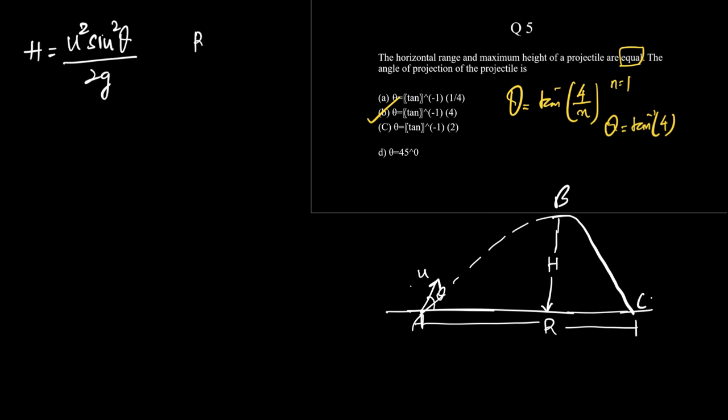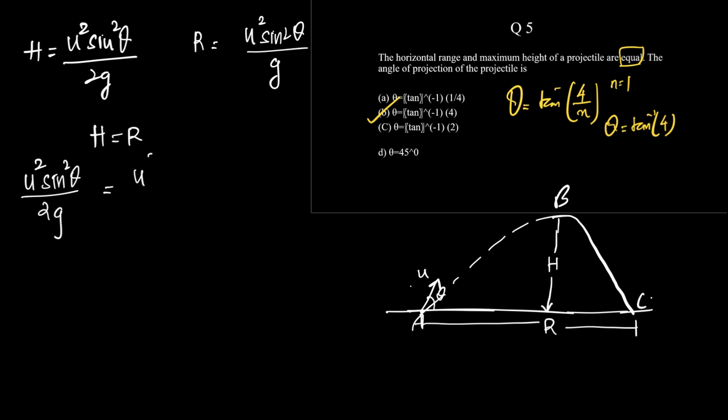And what is R equal to? R is equal to u square sine 2 theta by g. And according to the question, the height of a projectile and range are equal. When we say that height is equal to range, what do we get? u square sine square theta by 2g is equal to u square sine 2 theta by g.